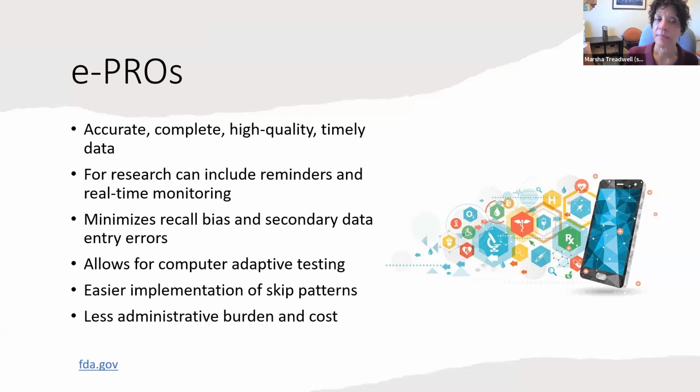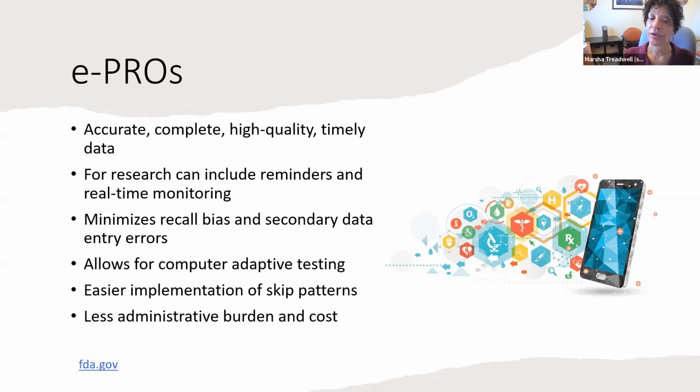Monitoring can be real time in terms of deterioration or improvement. And then you don't have as much challenge with recall bias. And as you move from a paper and pencil measure to a secondary data entry, that's prone to error. But a direct completion by the patient within the electronic health record through their patient portal does minimize those errors. And this does make it easier to do computer adaptive testing.